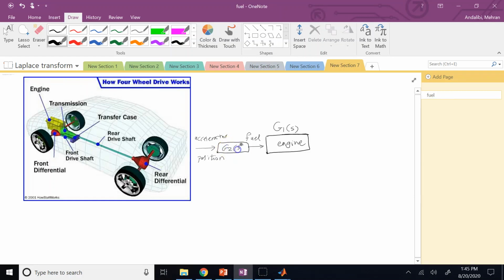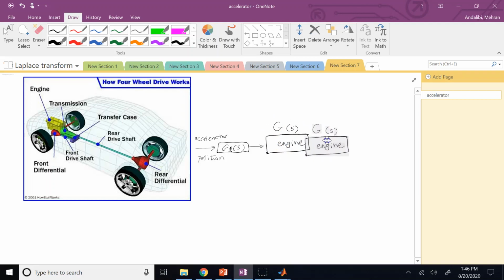G2 of S, or if you want, you can call this one G1 of S, the other one G2 of S. So through that mechanism, you will get a command to your injectors, correct? And then the injectors will determine how much fuel is flowing into your engine. So there are injectors here as well.